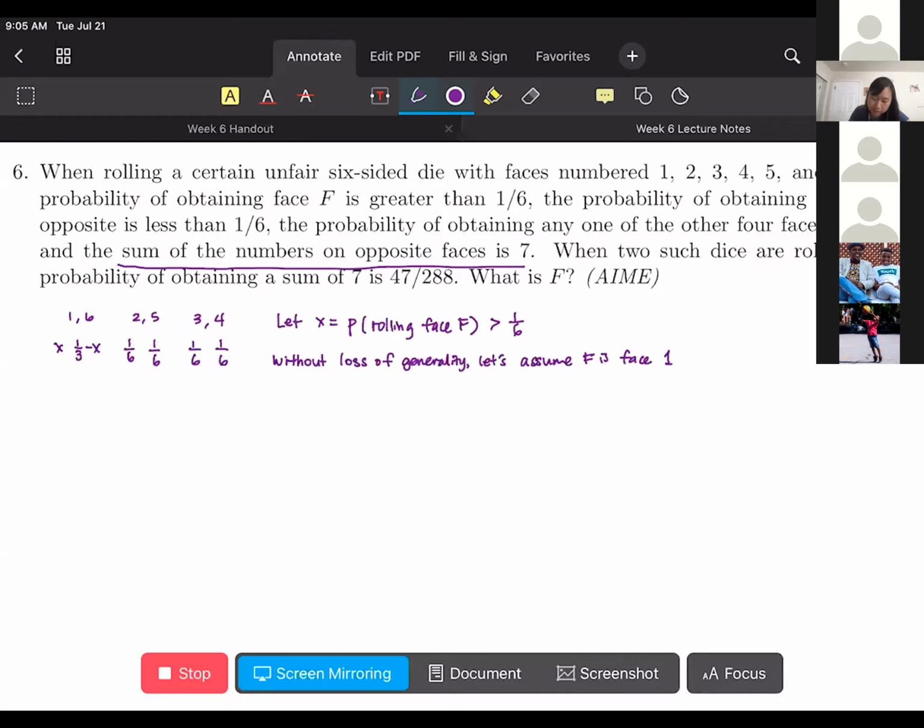all right, so now we want to calculate the probability of obtaining a sum of 7. There's 3 cases: the probability that we roll a 1 and 6, plus the probability we roll a 2 and 5, plus the probability we roll a 3 and 4.